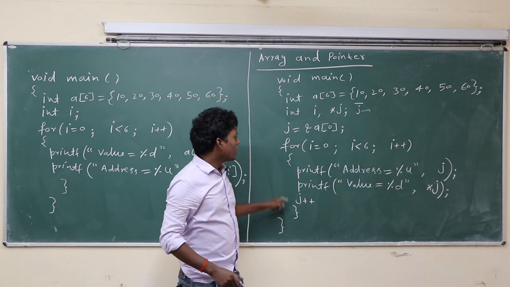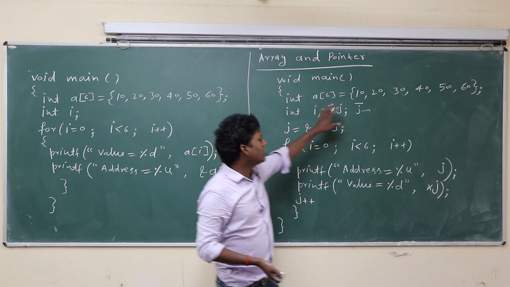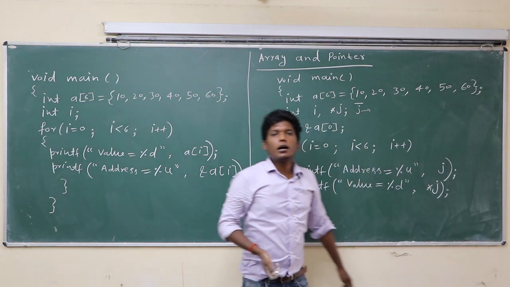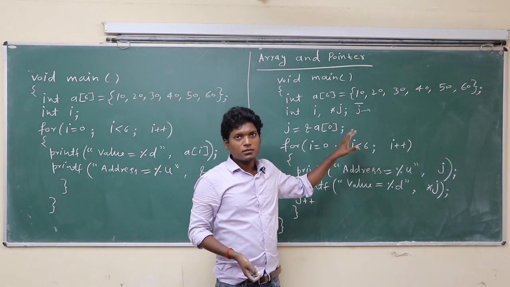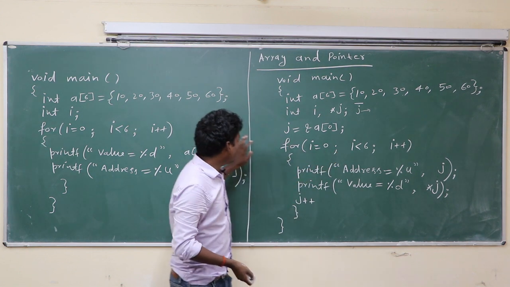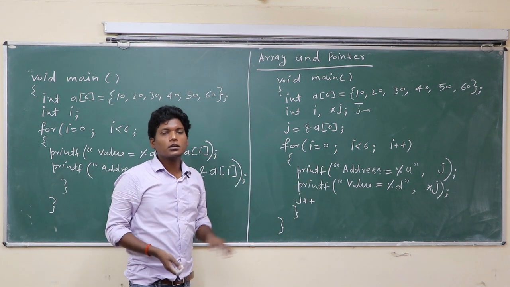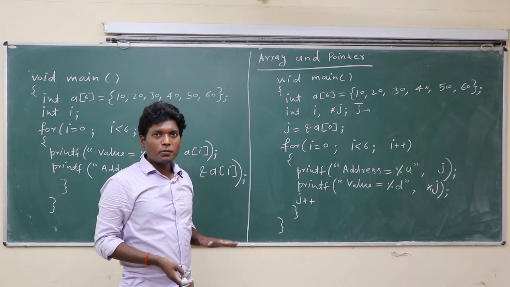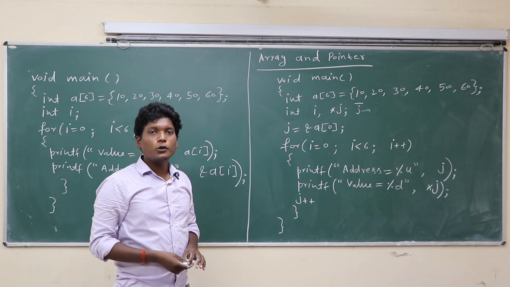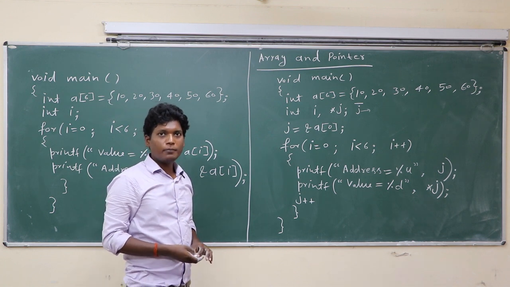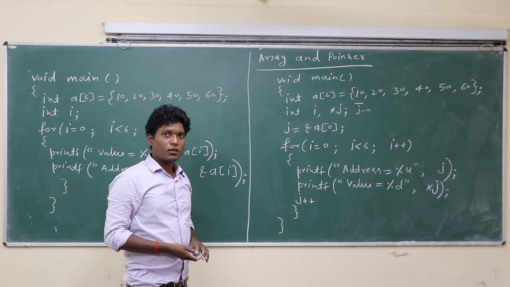In this way, when the loop exits, this program prints all the elements of the array and their addresses. Okay class, so this program and this program, both programs solve the same problem. The problem is to write a program in C to print the elements of an array and their addresses.